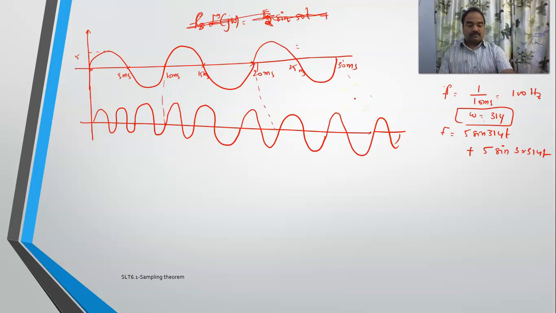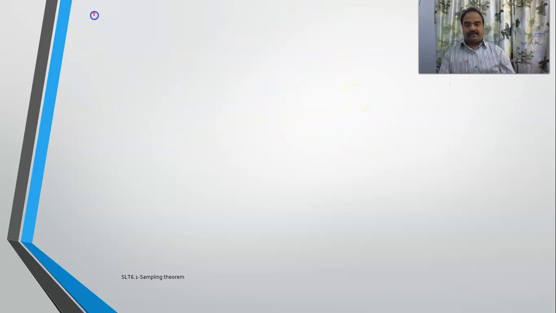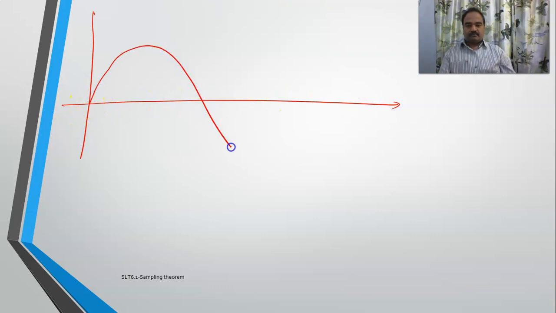So if it is not correct, let me draw it again. Okay, this is 1, right? I'll take it as 5 milliseconds and 10 milliseconds. Now I'll take another one.